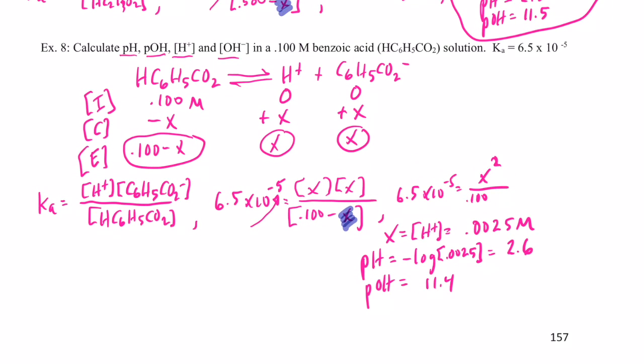And then finally, we can solve for the hydroxide ion concentration, which is going to be 10 to the negative pOH, which is 10 to the negative 11.4 here. So 10 caret key negative 11.4. We end up with 4.0 times 10 to the negative 12th moles per liter of hydroxide ions.